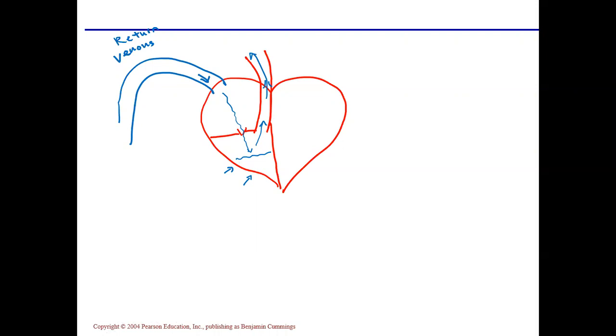On the other side is the same thing. The left side gets filled with a similar amount of blood, except that from the pulmonary veins they go into the left side. It's oxygenated blood instead of the deoxygenated blood.